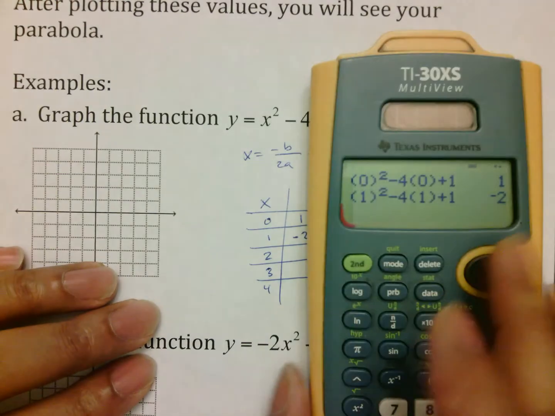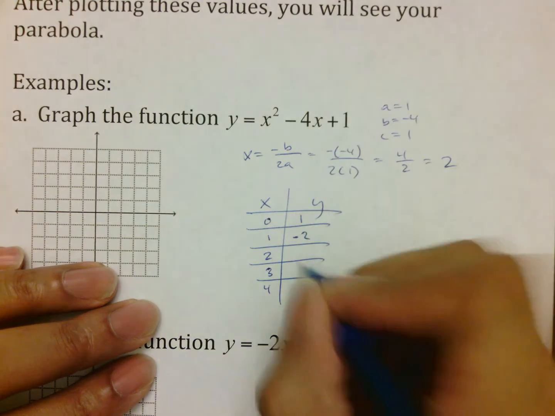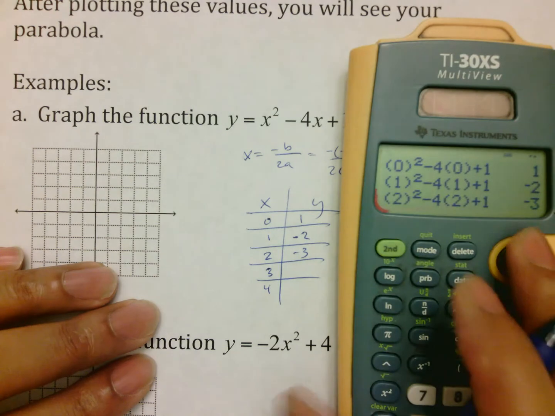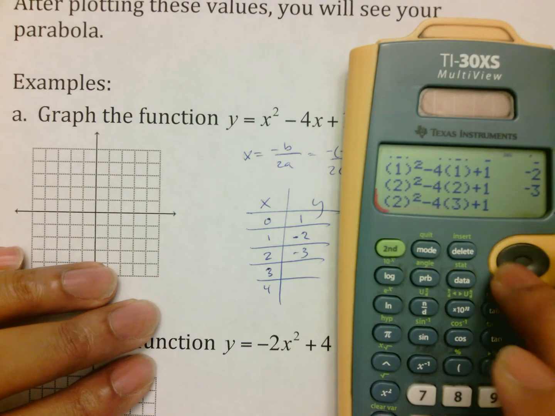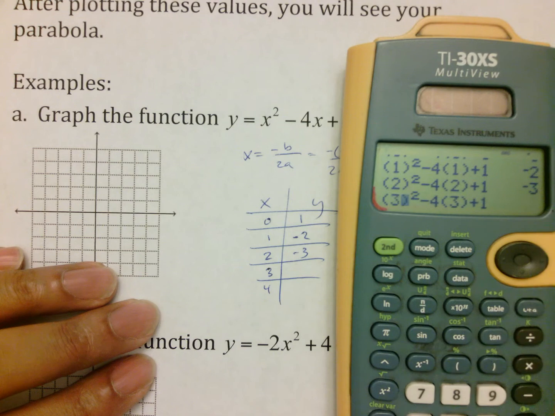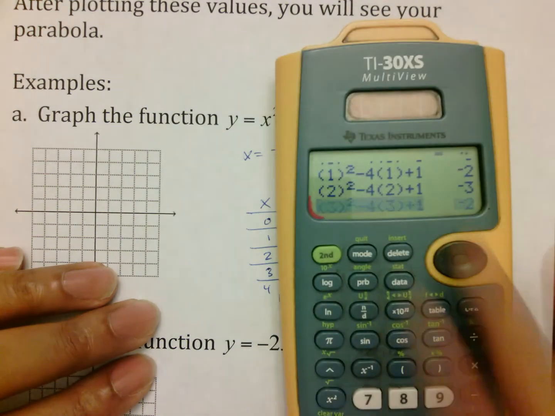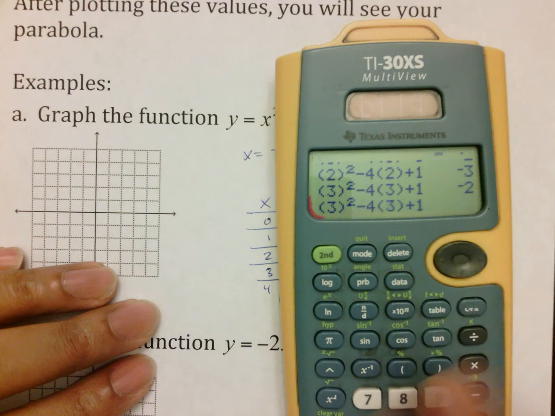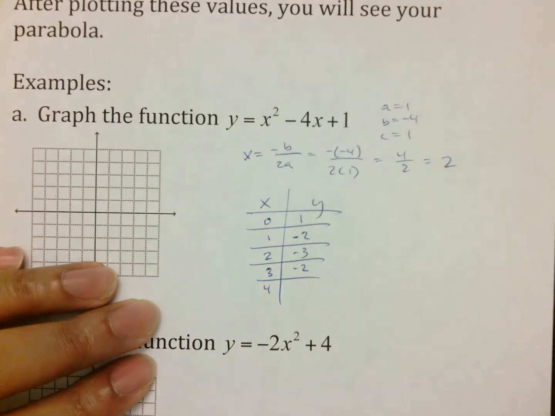Negative 2 there, 2, negative 3. So looking at 3 here, get the answer of negative 2, and then looking at 4, you get the answer of 1.